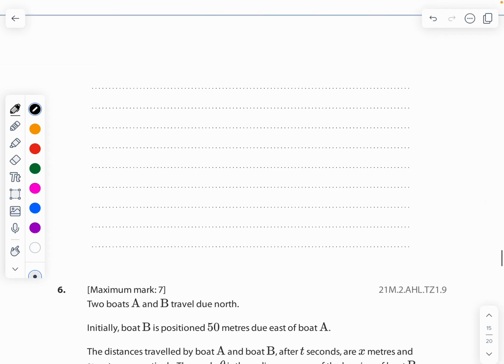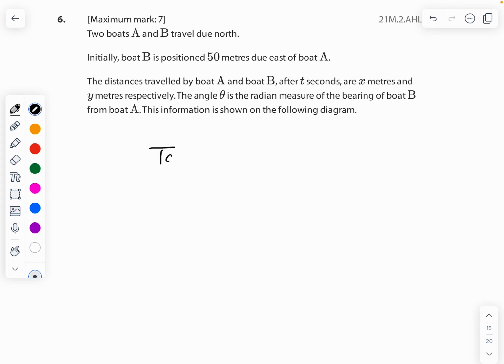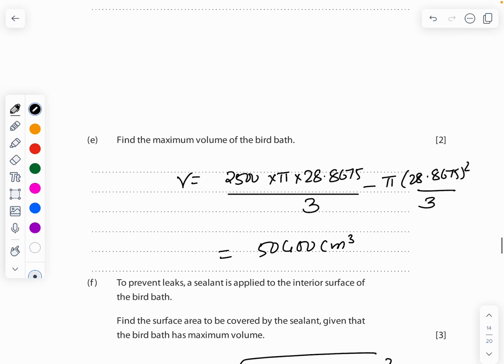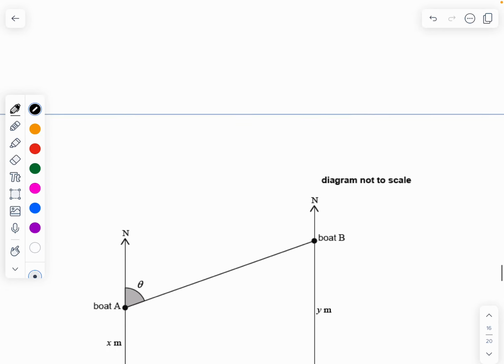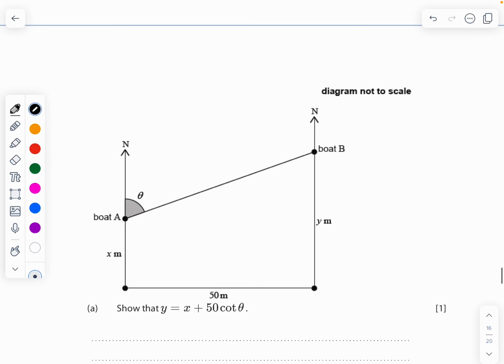So, first of all, what am I going to do? Tan theta equals 50 by y minus x. I am going to use tan theta. Where is the diagram over there? Tan theta is 50 upon y minus x. So this is theta, this is y minus x.